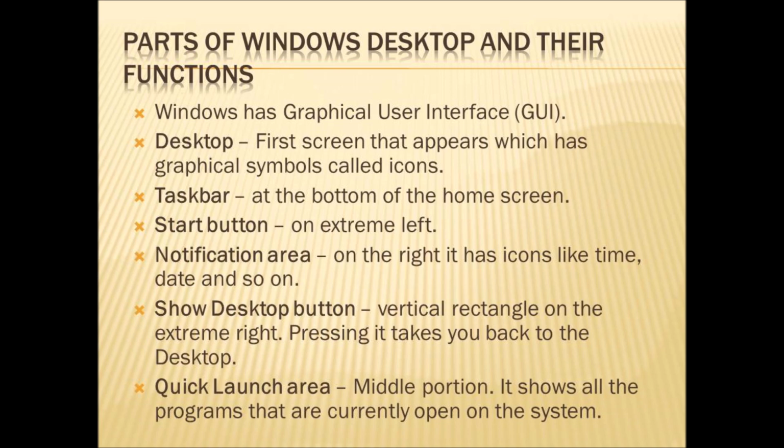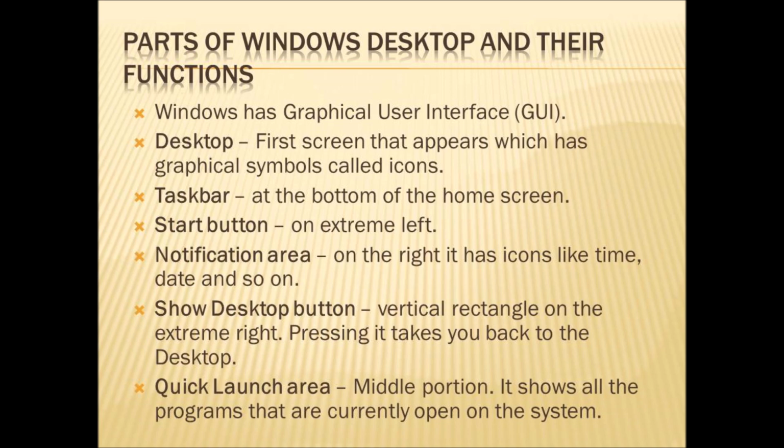Pressing on it takes you back to the desktop. If you are working in any other screen and want to come immediately to the desktop, you can press this show desktop button.